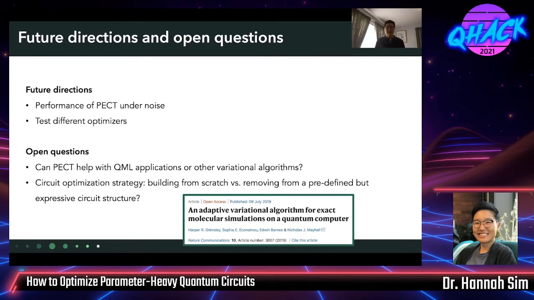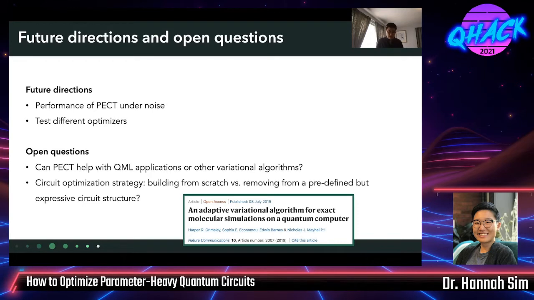And lastly, this is particularly interesting to me, where it's a broader question about circuit optimization strategy. So there's been recent work, such as the one that I show here, that tries to adaptively build and optimize parameterized quantum circuits by adaptively building a circuit from scratch.